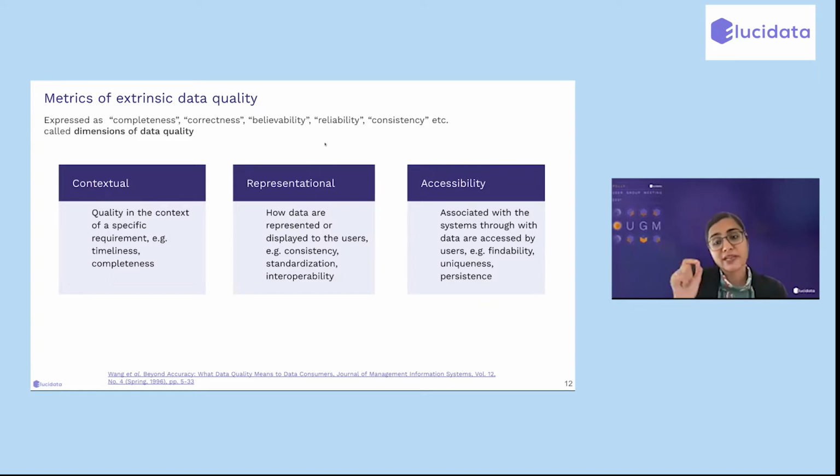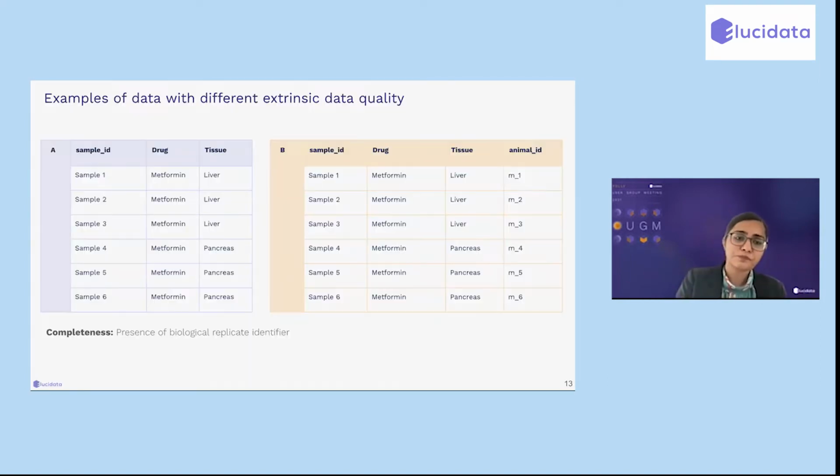Now, one thing I really want to stress here is, as vague as these terms may seem, they can often be defined very, very precisely in context of a particular data source. So as an example, again, I'm showing simple examples where I'm really isolating what each of these dimensions may mean. So as an example, I can define completeness as the presence of a biological replicate identifier in a study.